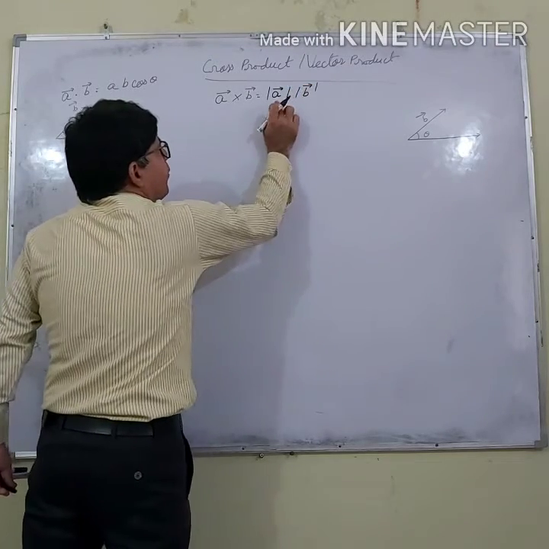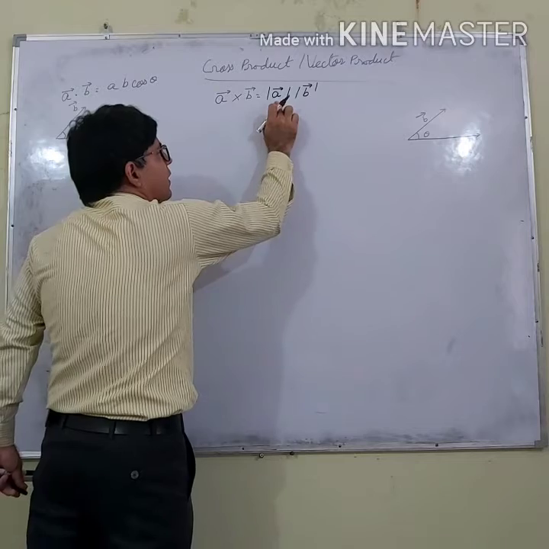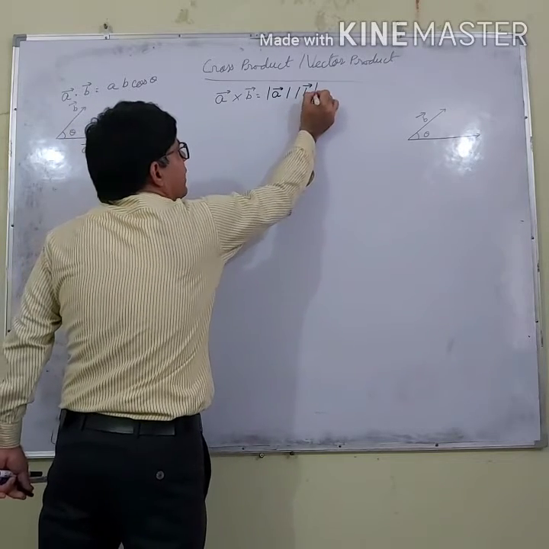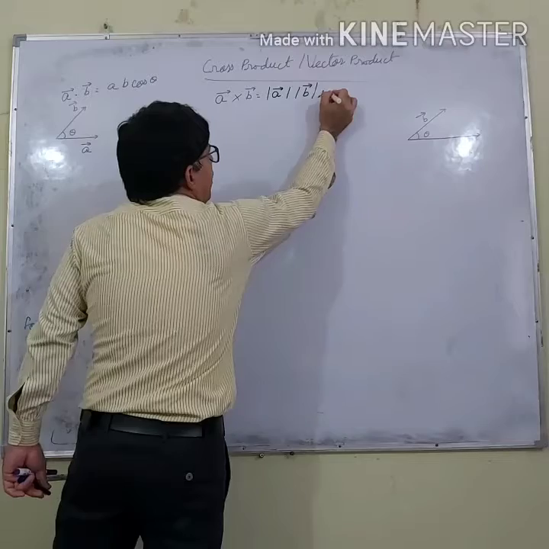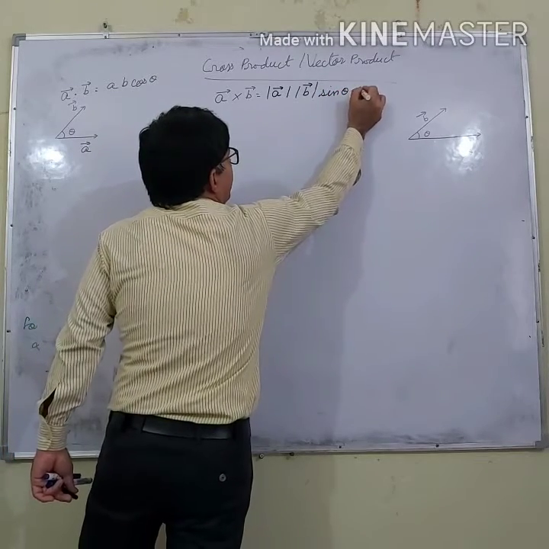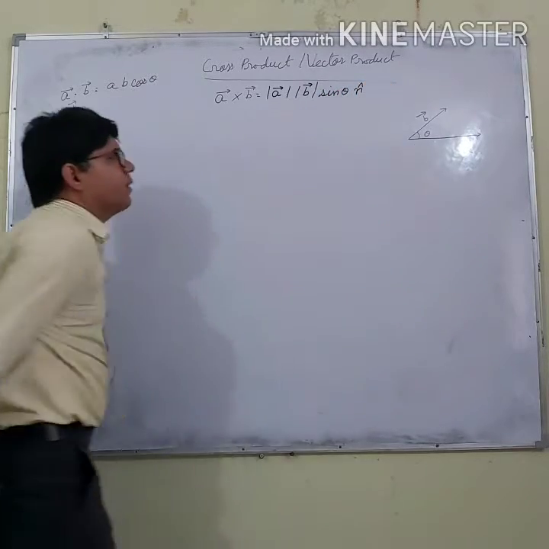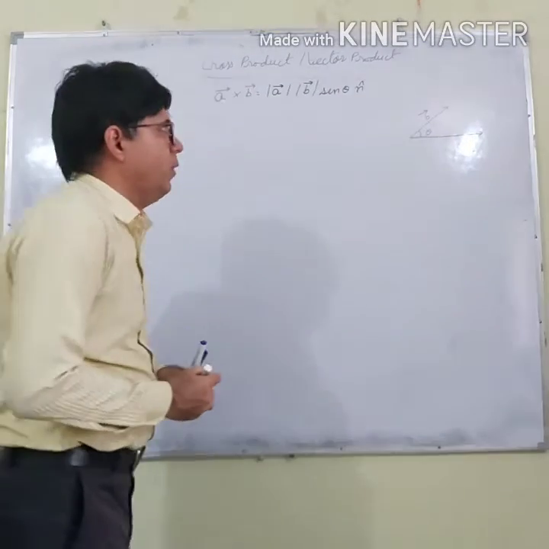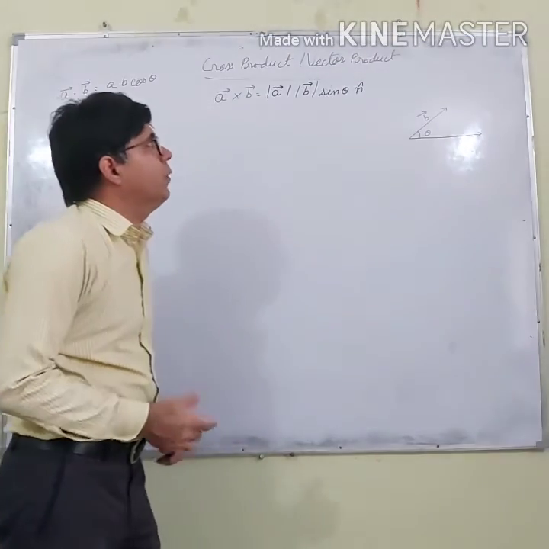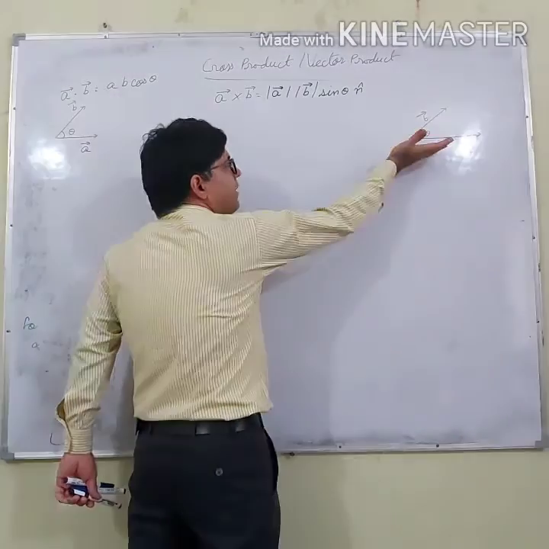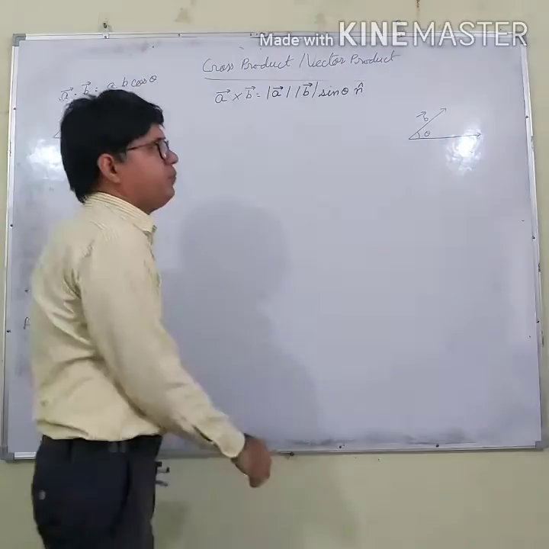I have written the magnitude of one vector, the magnitude of the other vector, and their multiplication, the sine of the angle between them, and a unit vector which is perpendicular to both A and B. Now what is the direction of this unit vector? Let us say we have vector A and vector B.